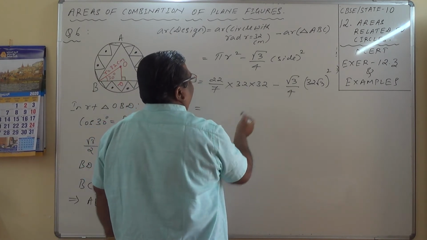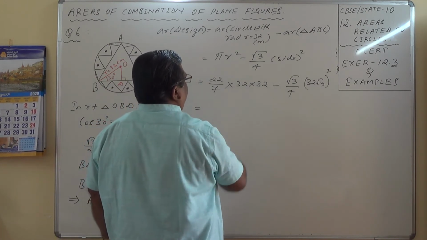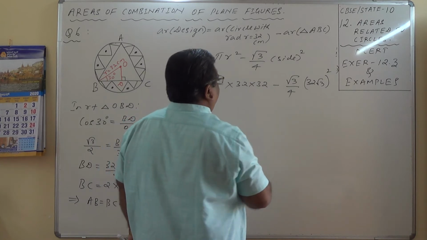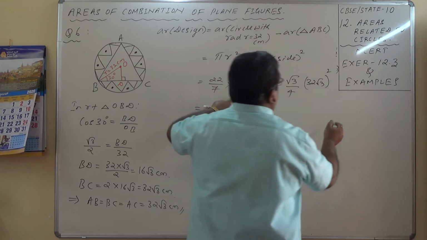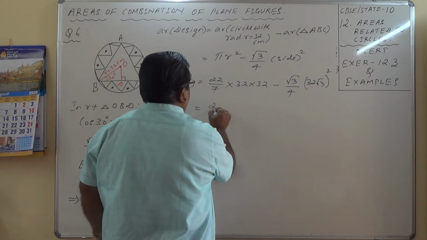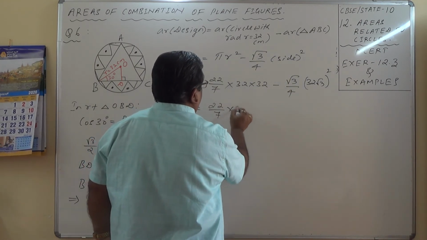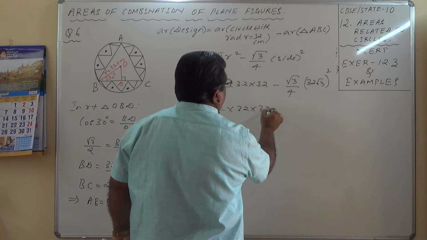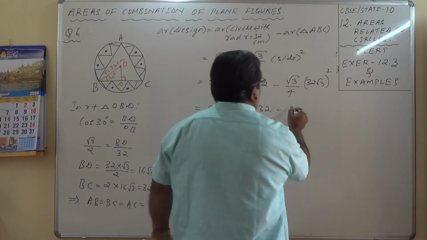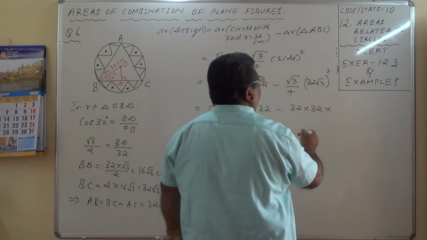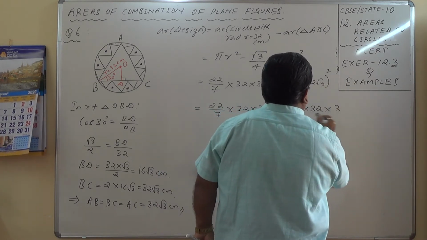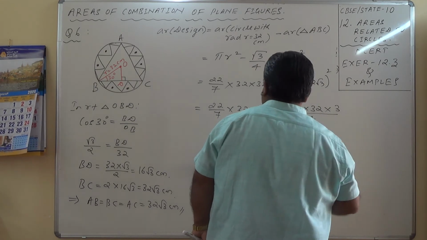So I think we'll multiply 32 into 32 into 22, minus 32 into 32, root 3 into root 3 is 3, divided by 4.